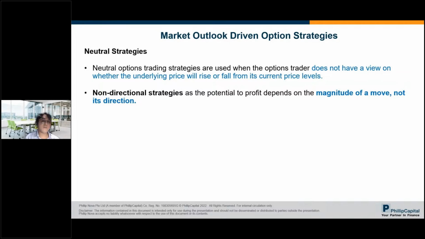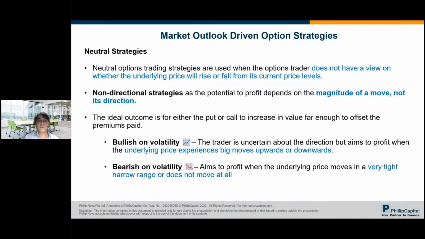You'll receive the same profit whether it goes down by 10 or whether it goes up by 10. So the ideal outcome for neutral strategies is for either the put or call to increase or decrease in value far enough to offset the premiums that you pay. There's two different types as well.